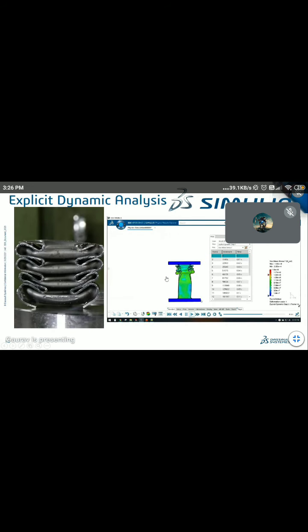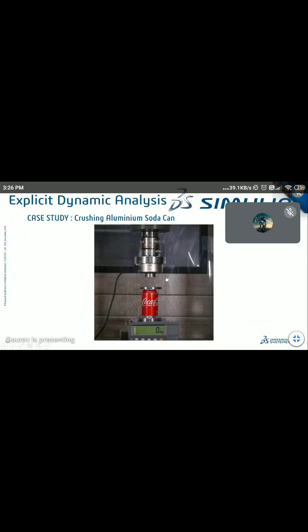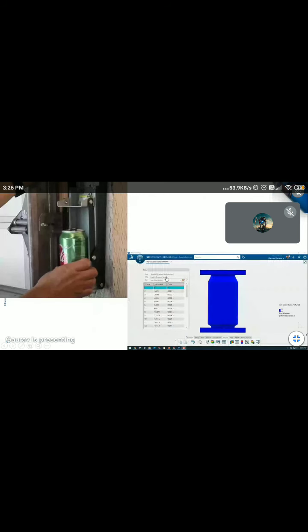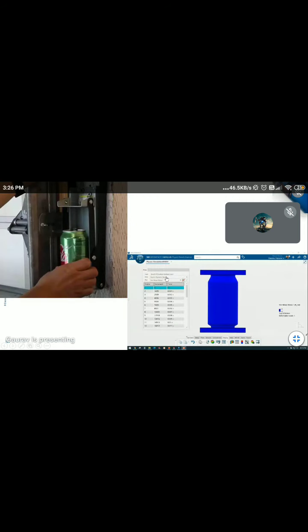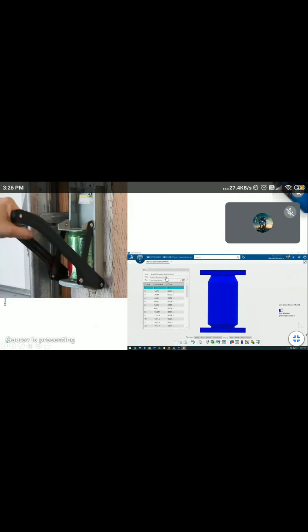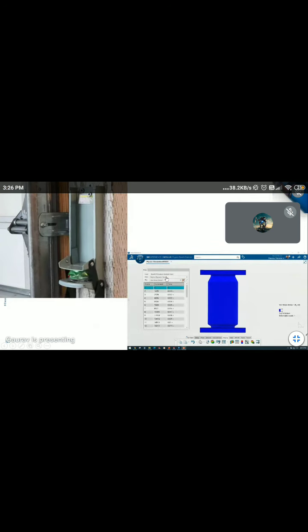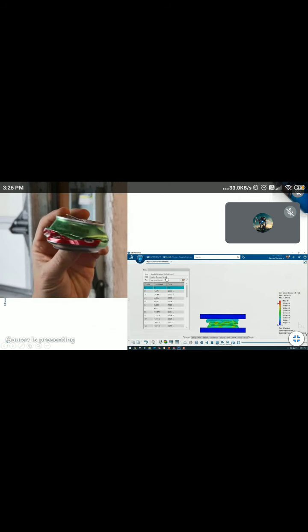So these are a few capabilities that I'm showcasing. The same goes with this crushing of an aluminum can. I did the same in my analysis, and the results were pretty good.